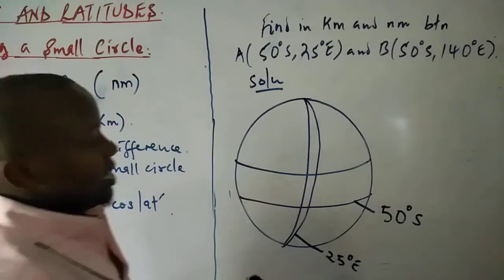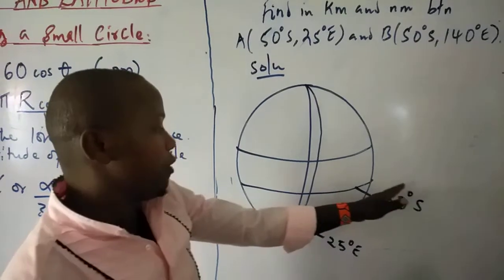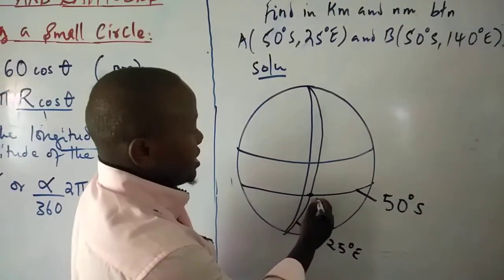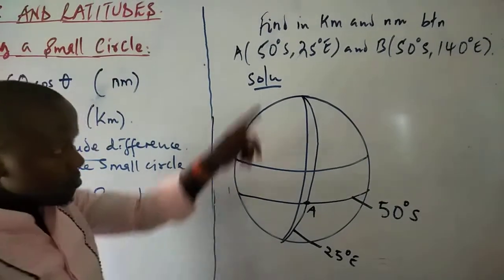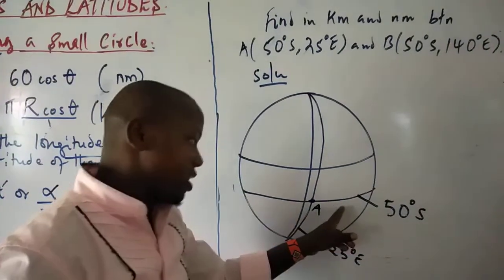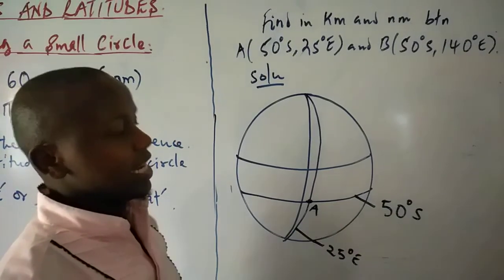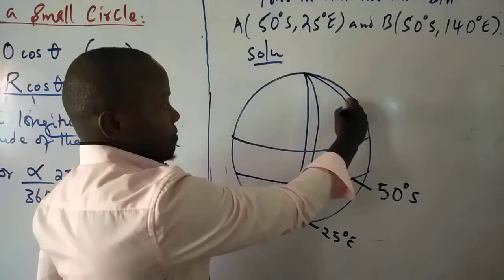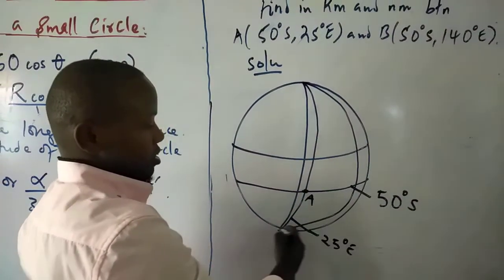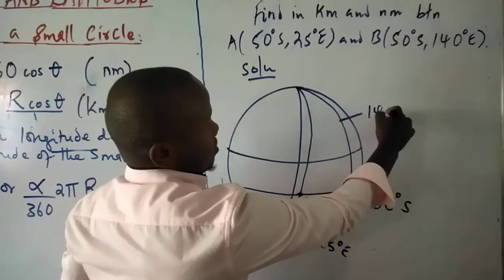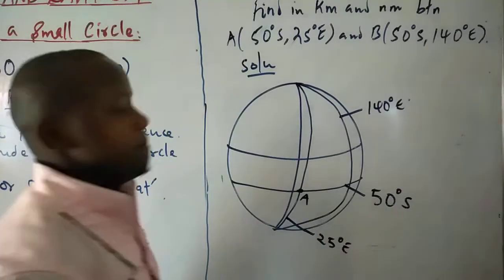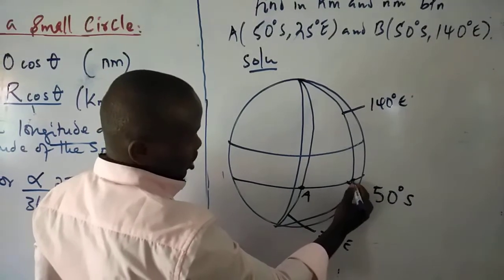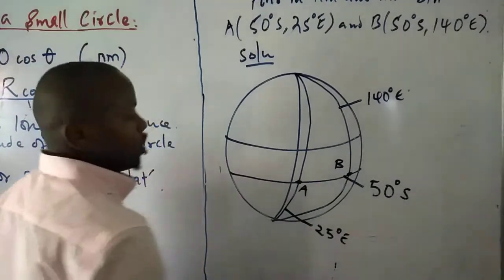Where 50 south and 25 east intersect, they give us our point A. B is 50 south, the same latitude, and 140 in the east. B is very far, 140 degrees in the east. Where 140 and 50 intersect, they give us our point B.